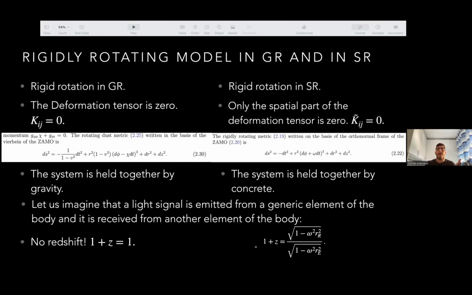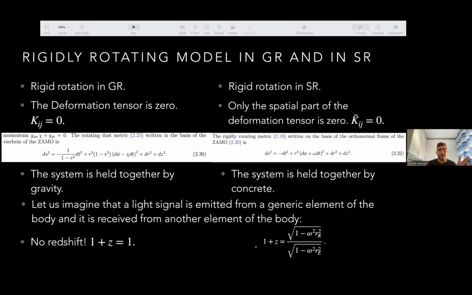It's nice, I think, to compare the rotating model in GR and in special relativity to see the differences. So we have a rigid rotating model in GR, and then we study the rigid rotation model in special relativity. On the left, you see the GR side, the deformation tensor is 0. But in the special relativity side, only the spatial part of the deformation tensor is 0.